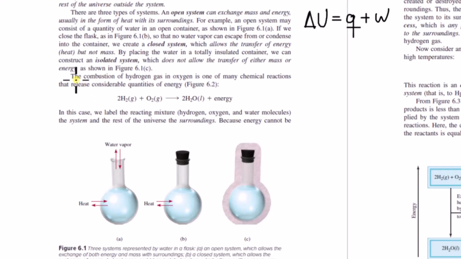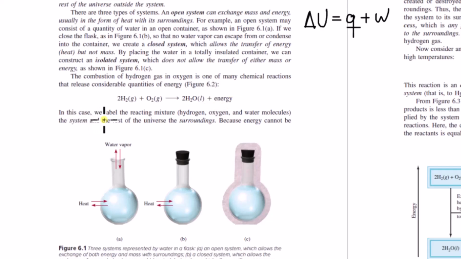Okay. The combustion of hydrogen gas and oxygen is one of many chemical reactions that release considerable quantities of energy. So you've got H2 gas reacting with O2 gas to produce liquid H2O. And it's saying that in this process, there's a release of considerable quantities of energy.